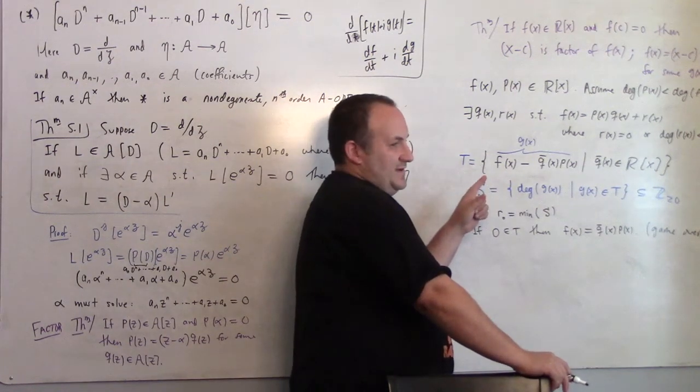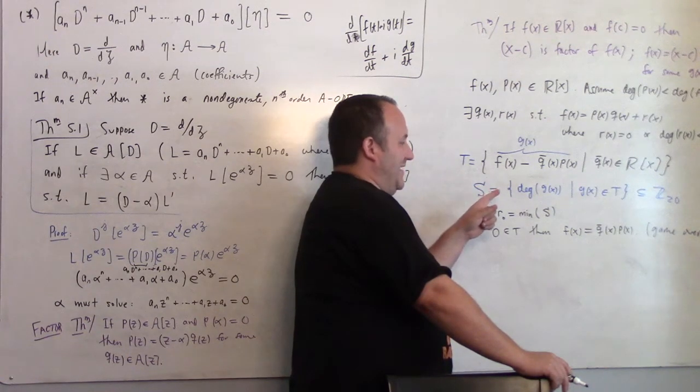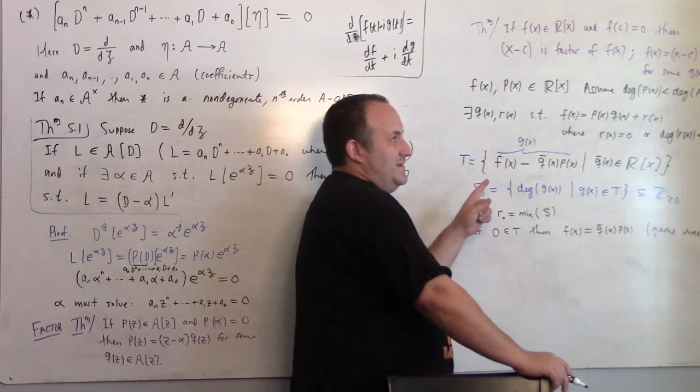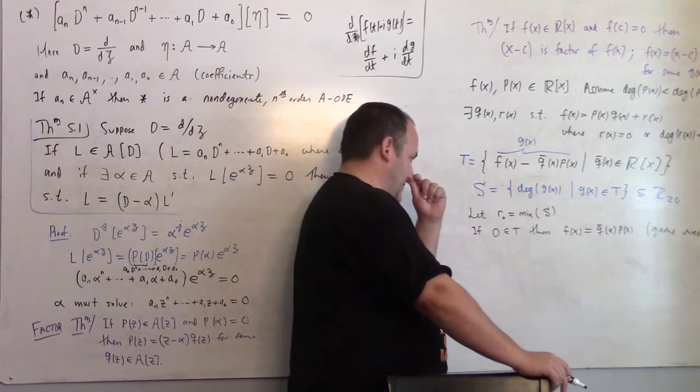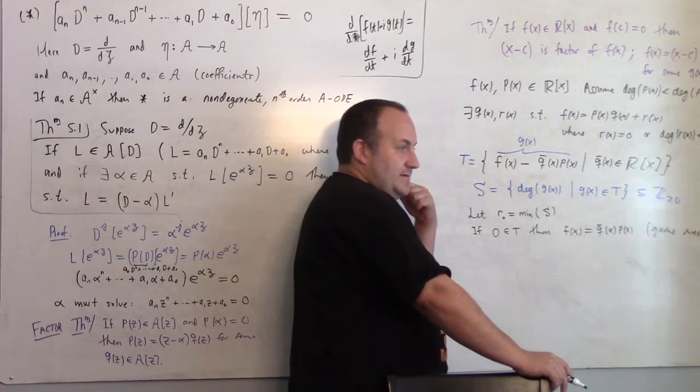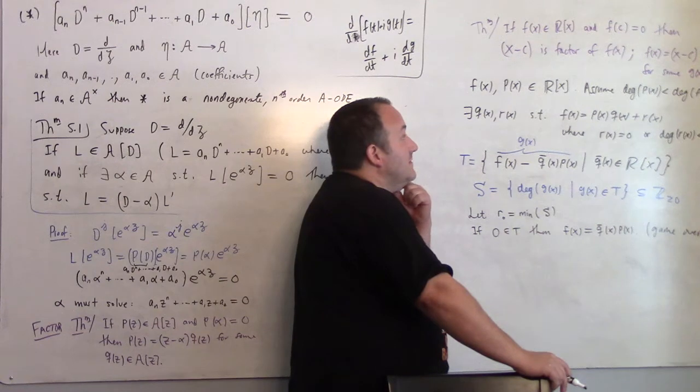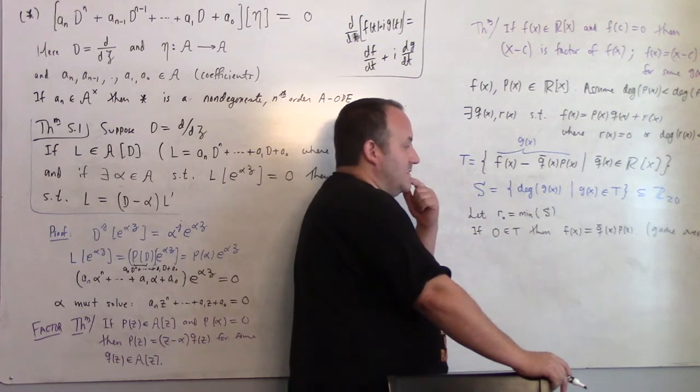I'm going to be careful here. If you set p or q equal to a constant function, you could get away with a lot more.